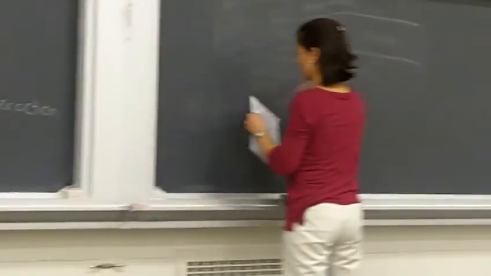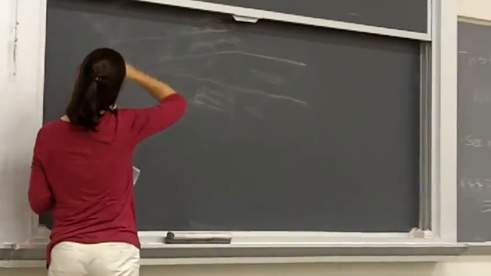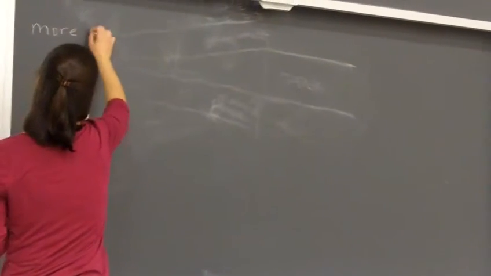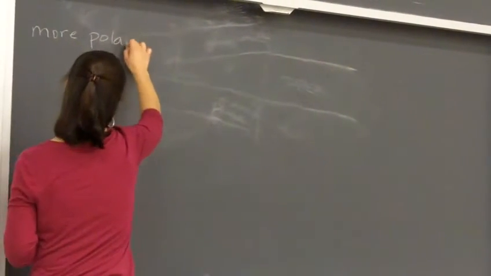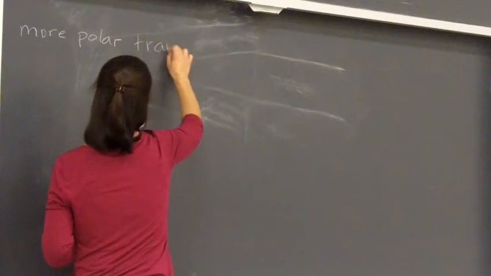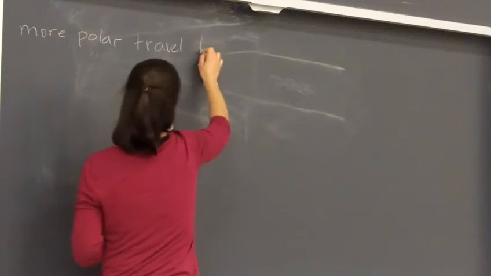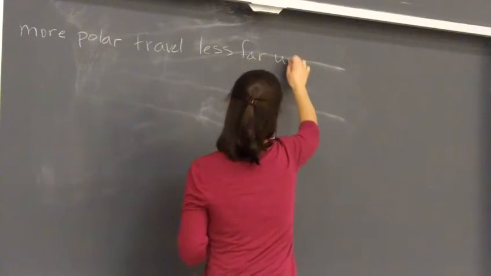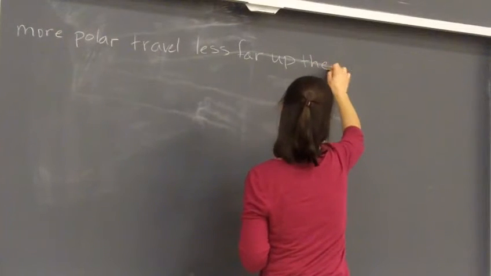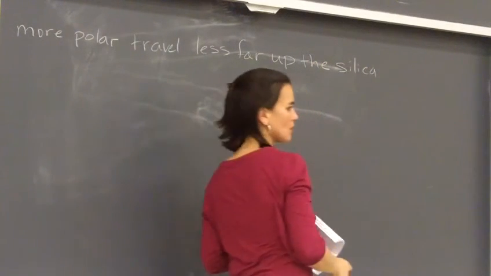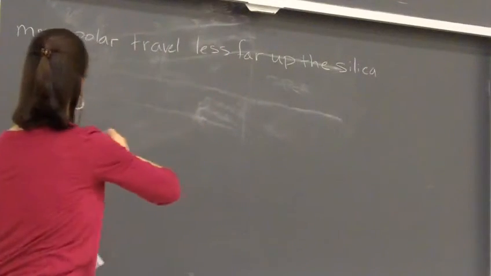But in general, because the stationary phase is very polar, more polar compounds are going to want to hang out with that silica. So they will travel less far up the silica, okay? Because they want to hang with the silica. They don't want to go into the eluent as much. So they aren't going to travel with the eluent.